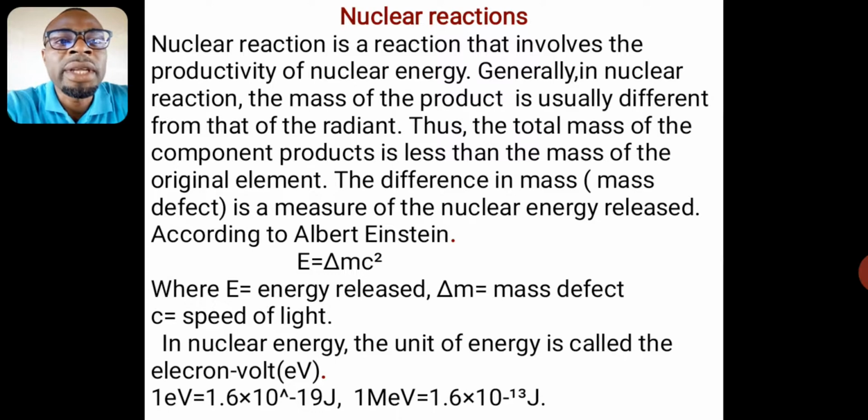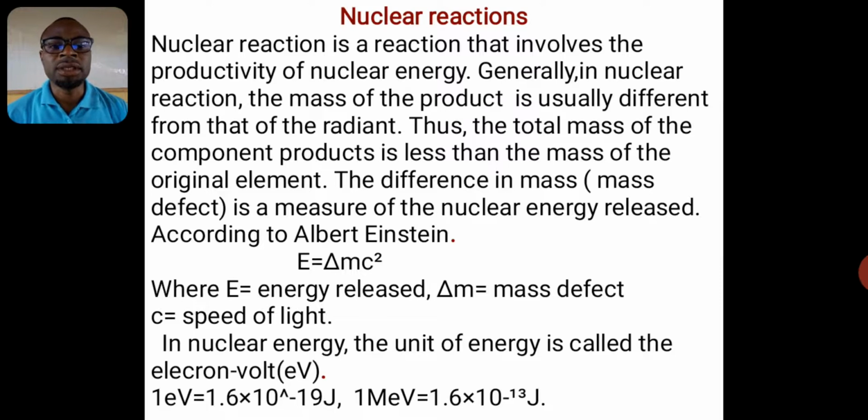The total mass of the component products is less than the mass of the original element. And this difference in mass, which is also called the mass defect, is a measure of the nuclear energy released.